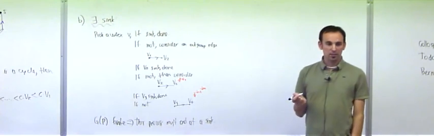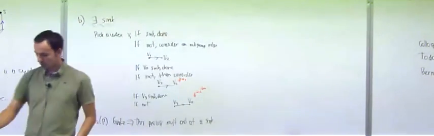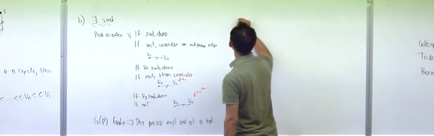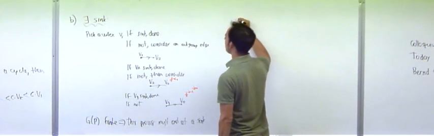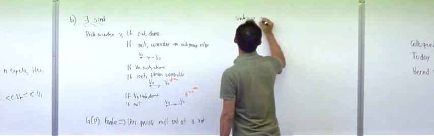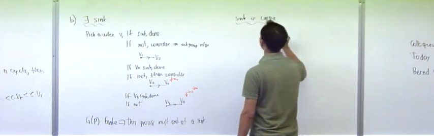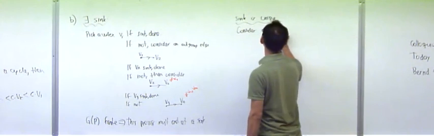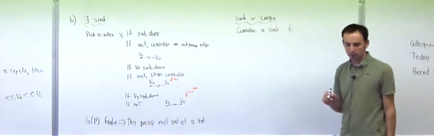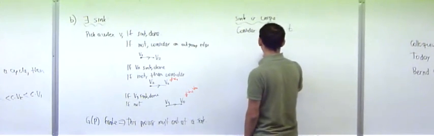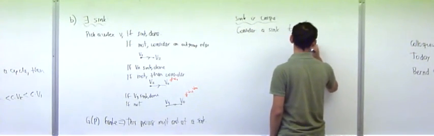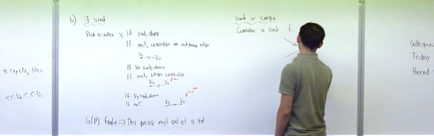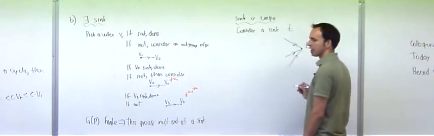So now let's prove that this sink is actually unique. Consider a sink. Let's call it T. So here's T, and we know that all the edges of T are incoming.